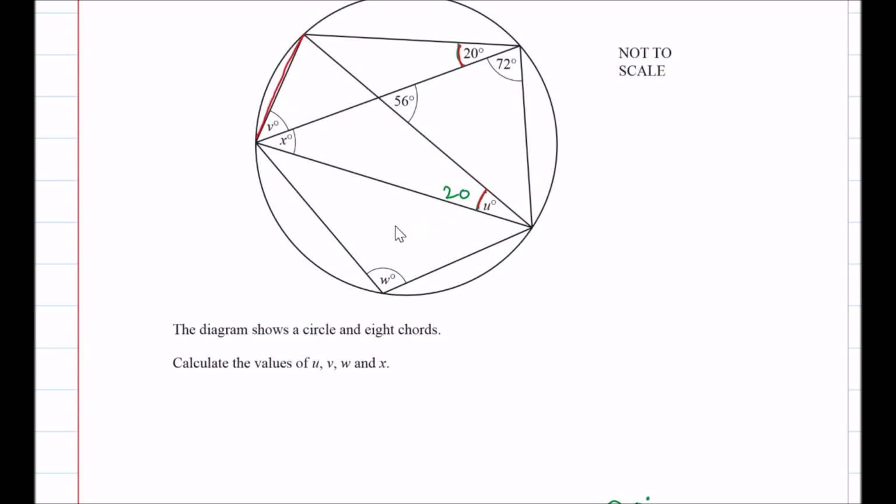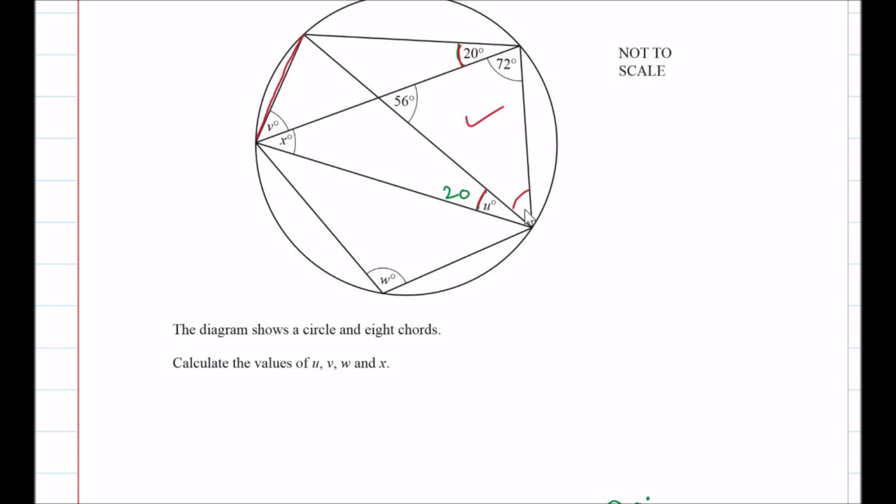Now if you see this triangle, we have X here 72 and wait a second. We can now find this angle here. This angle in this triangle. We have 56, 72, the two angles.